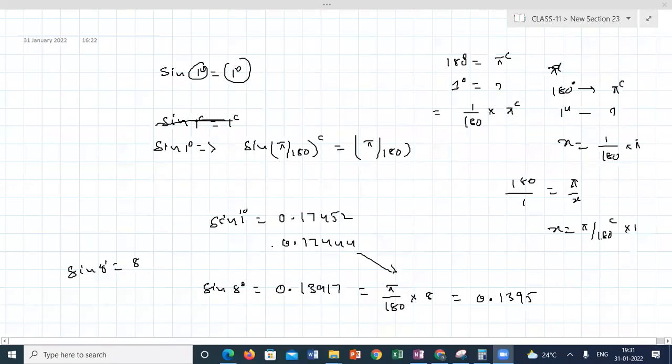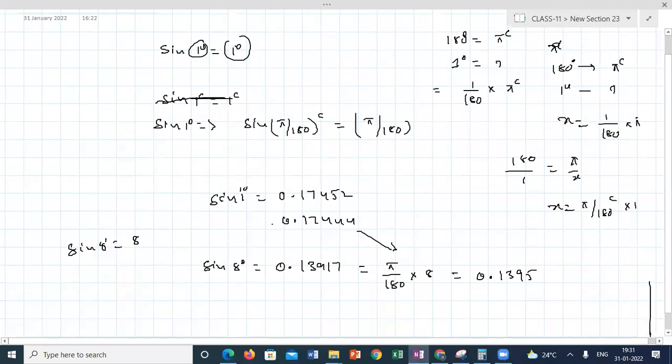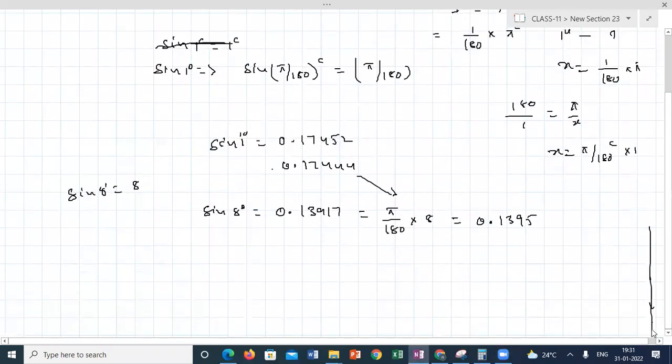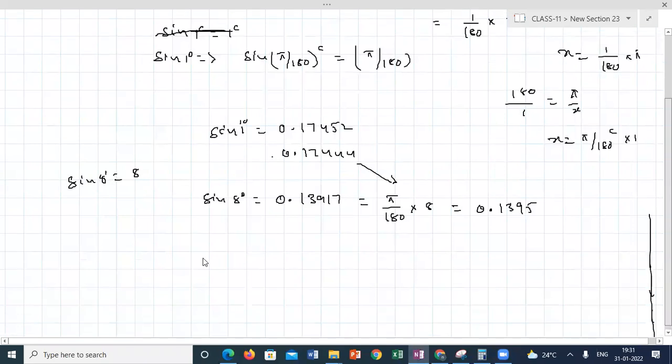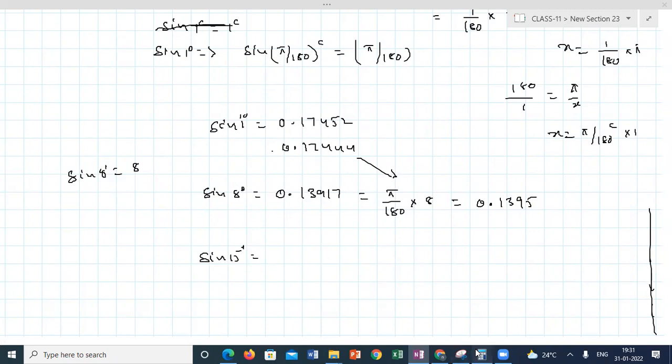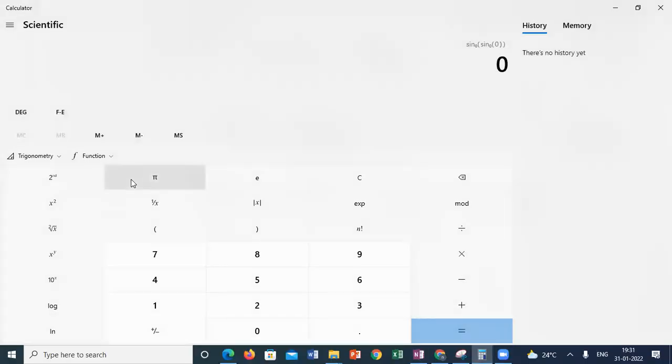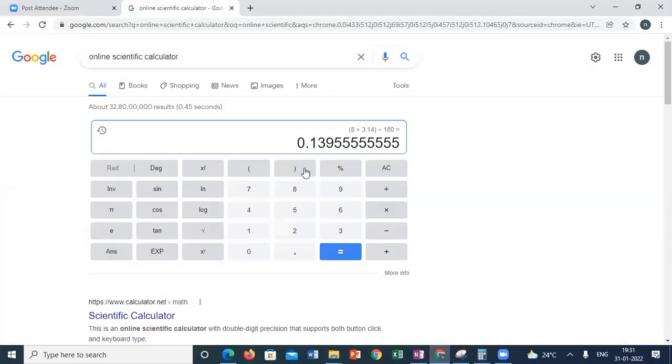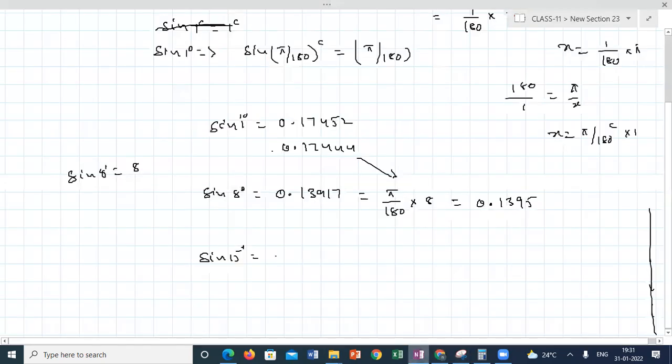Is it clear what I am trying to explain to you? Suppose I am taking sine 15 degrees, using an online calculator. Sine 15 degrees is 0.2588.